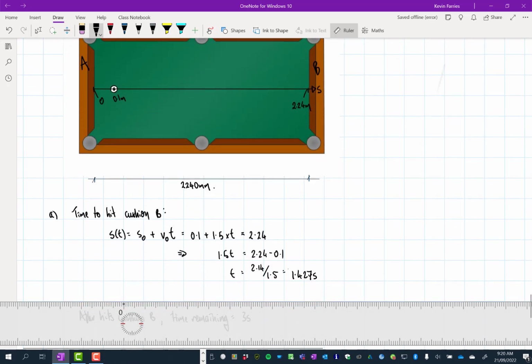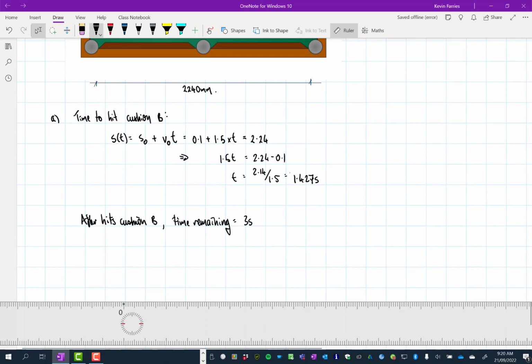Yeah. So time remaining equals 3 seconds minus 1.427 seconds. I don't really know why I'm putting seconds in my equation here. As long as I'm thinking about it, it's fine. Which is going to be 1.573 maybe. Let's just check that. 3 minus 1.427 is 1.573 seconds.